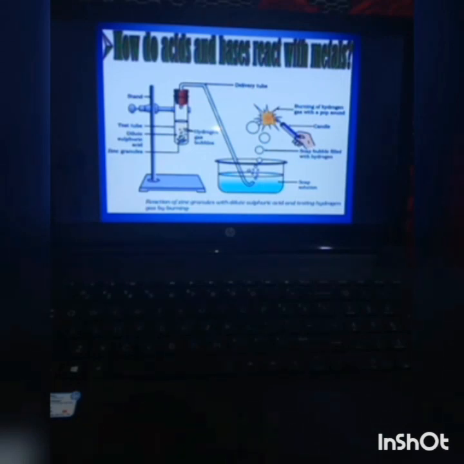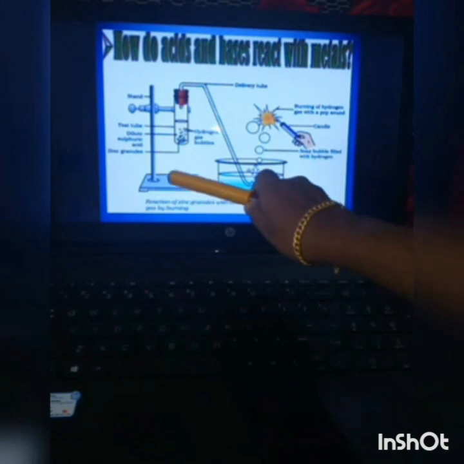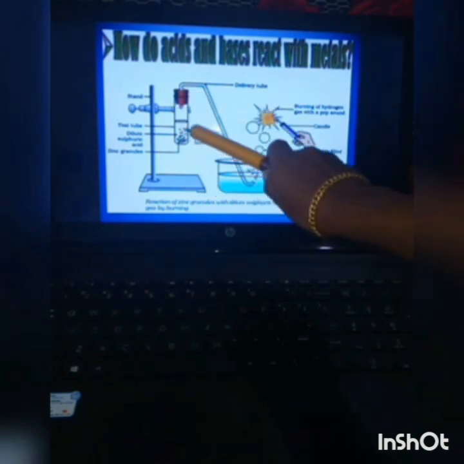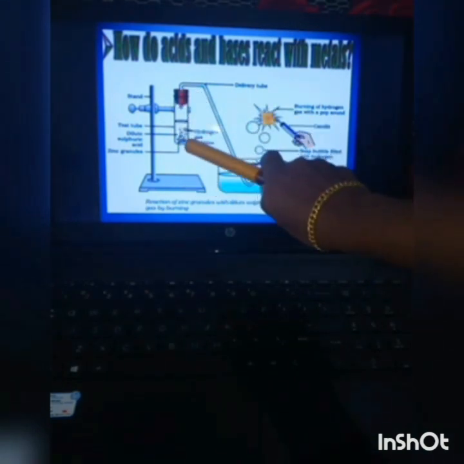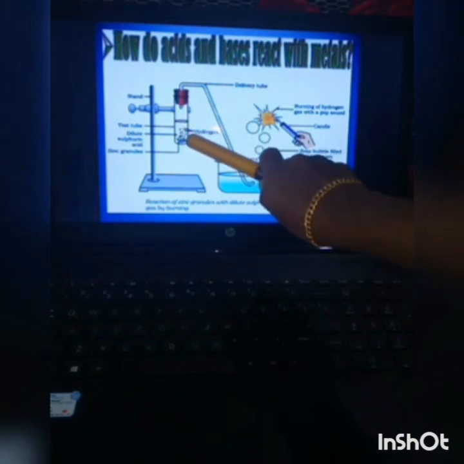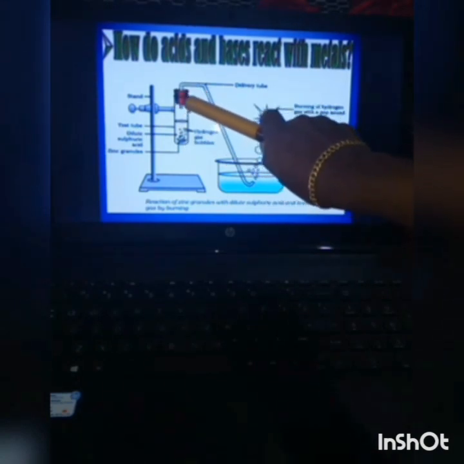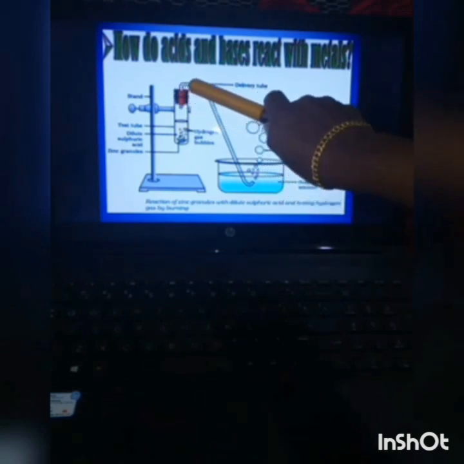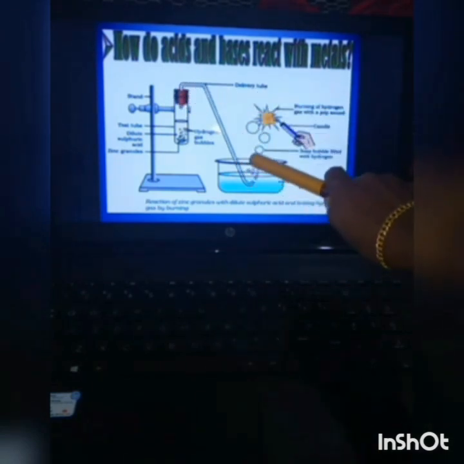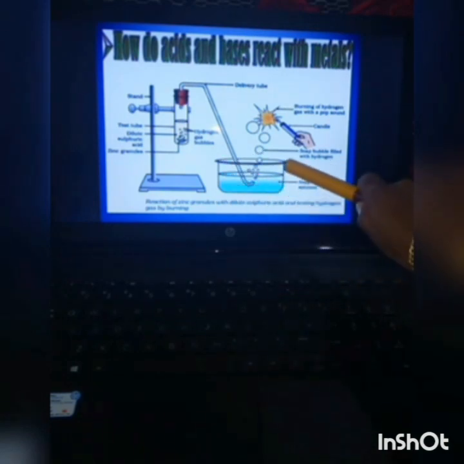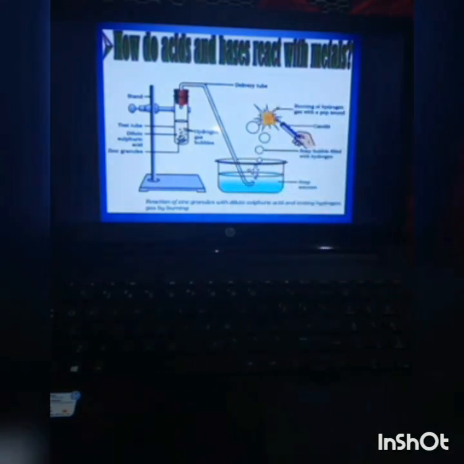This is an experimental setup conducted in the laboratory. Here I am taking a tripod stand, and a test tube is fixed here. In the test tube, we add some dilute sulfuric acid and zinc granules. Close the test tube with a single holed cork, and a delivery tube is connected to it and collected in a beaker containing soap solution.